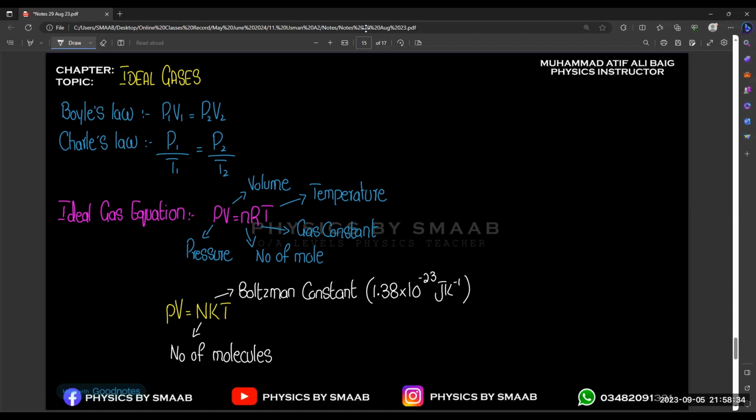So we use these two equations to solve multiple problems related to gases, right?